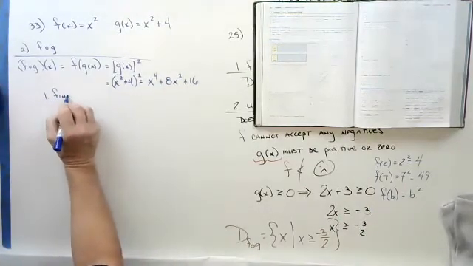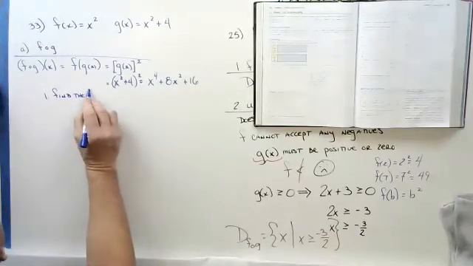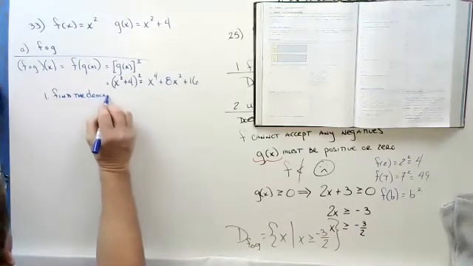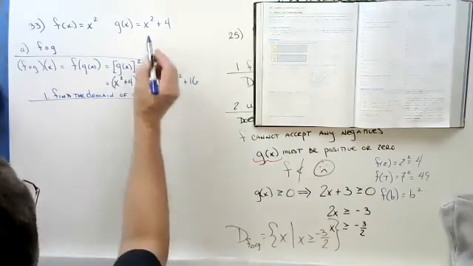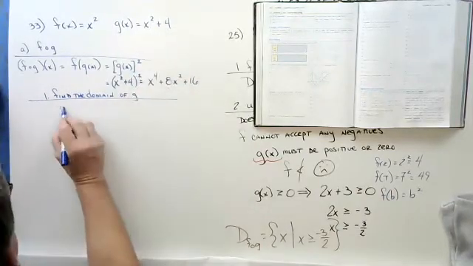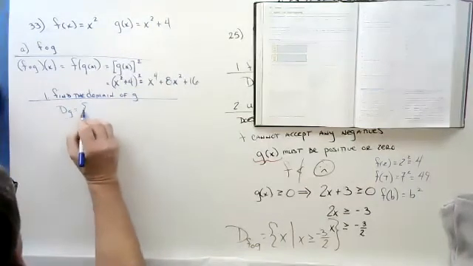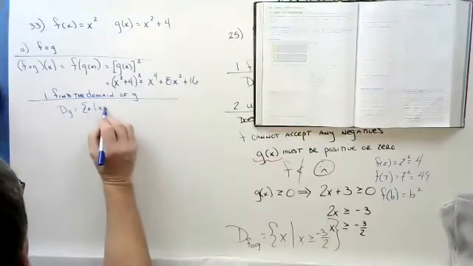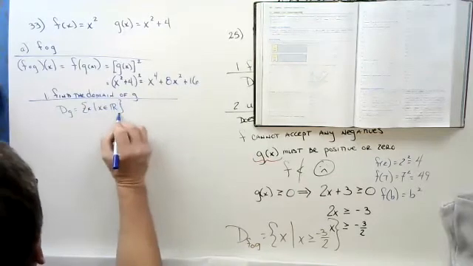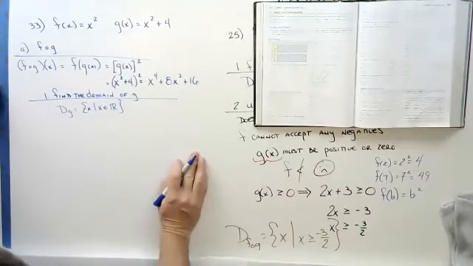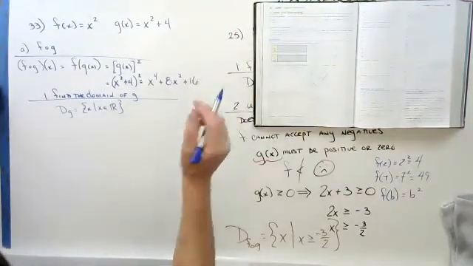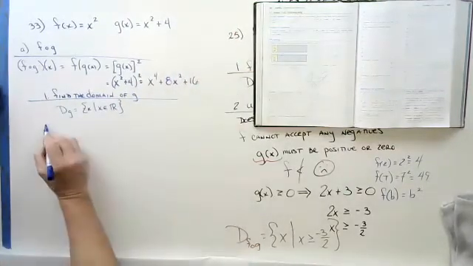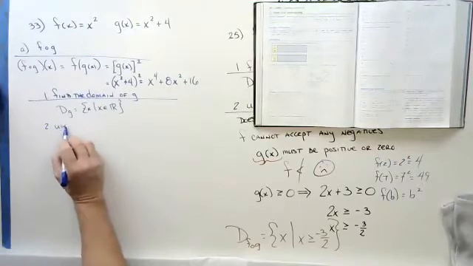I find the domain of g. g is a polynomial, so the domain of g is the set of x's such that x is a real. There's nothing we can't square, and nothing we can't add 4 to. Then we do step 2.